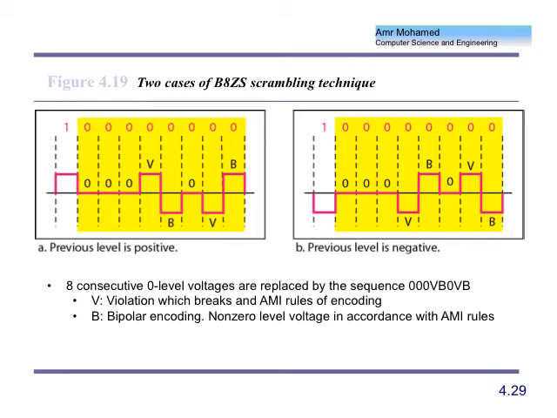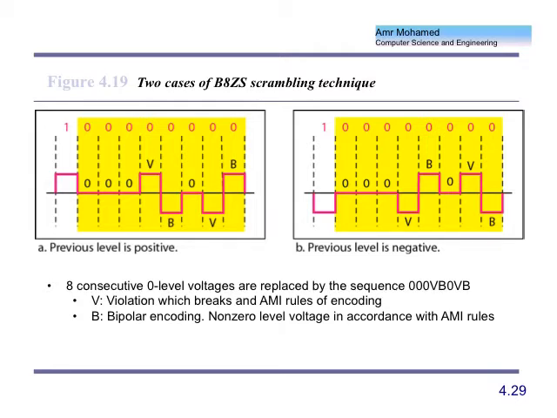So the receiver will interpret this as a violation which indicates to the receiver that this is scrambling. Right? Since this violates the normal procedure of AMI, the receiver will say, okay, so now we are doing scrambling. We're not doing normal data decoding.